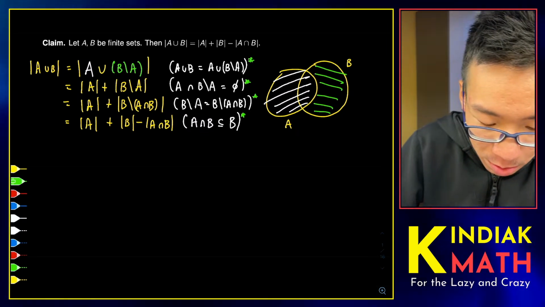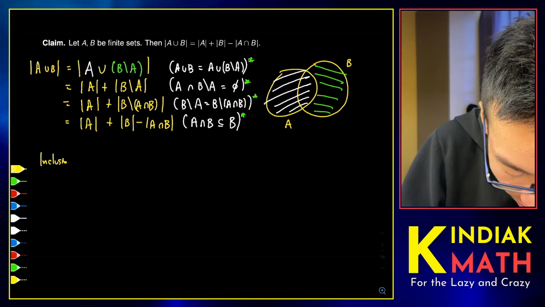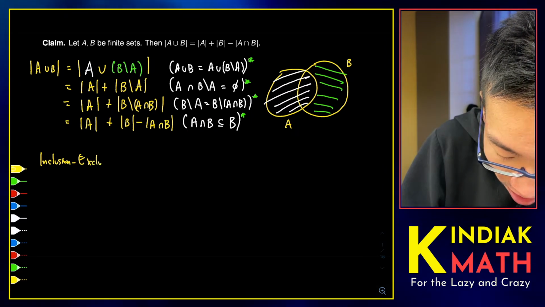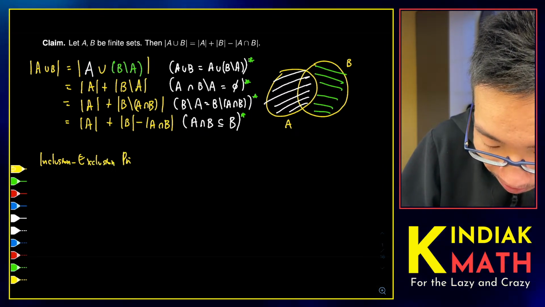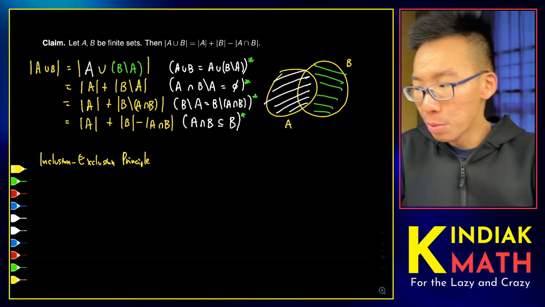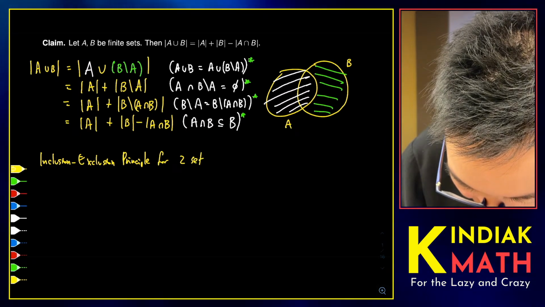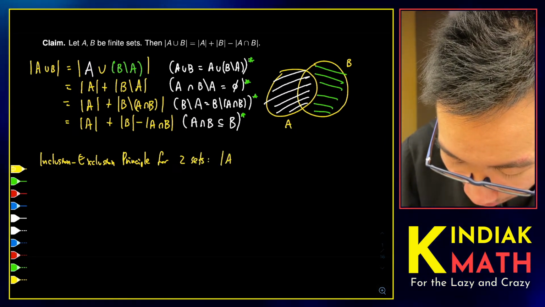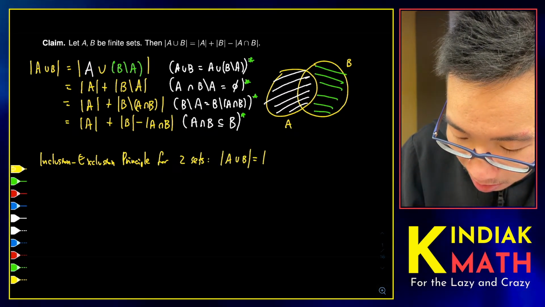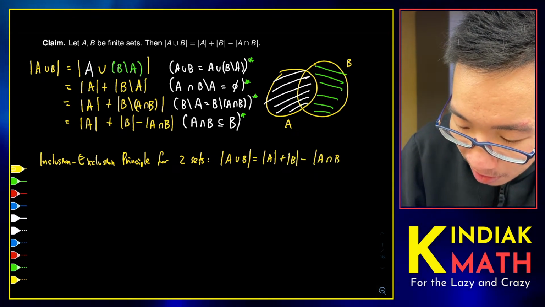And that establishes what we call the inclusion-exclusion principle. And in this situation, we're working with two sets. For two sets, that means that the size of A union B equals the size of A plus the size of B minus the size of A intersect B.